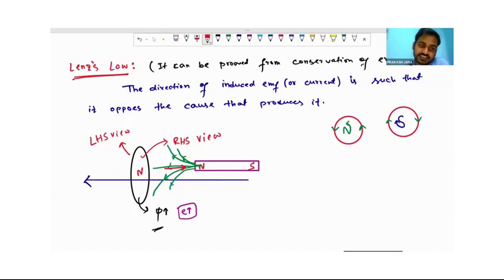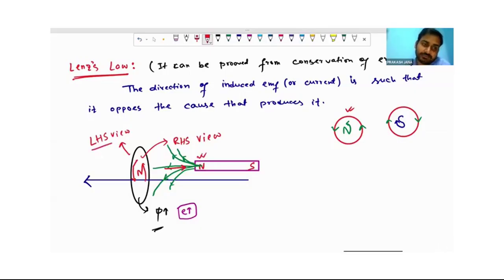In which direction does the current have to flow to produce a north pole facing the magnet? As we know, it has to be anti-clockwise, isn't it? This will produce a north pole facing the north pole of the magnet.